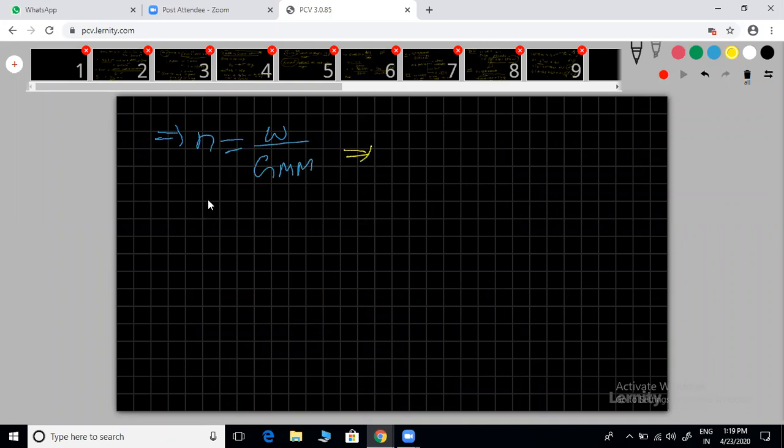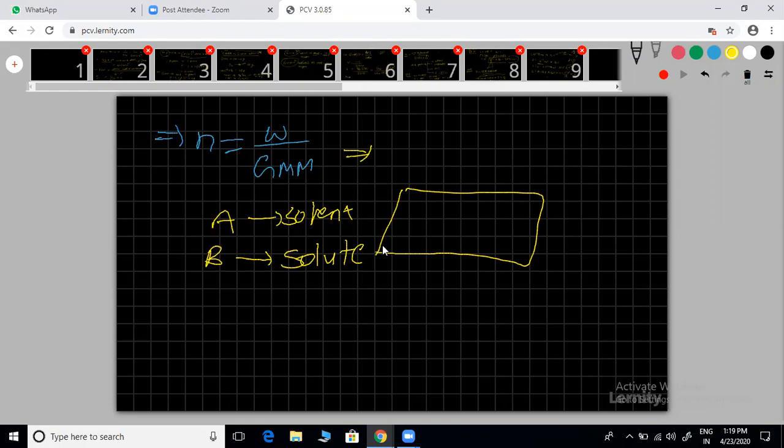Suppose two components are mixed: A is the solvent, B is the solute.